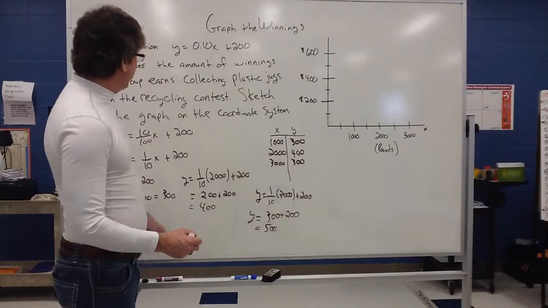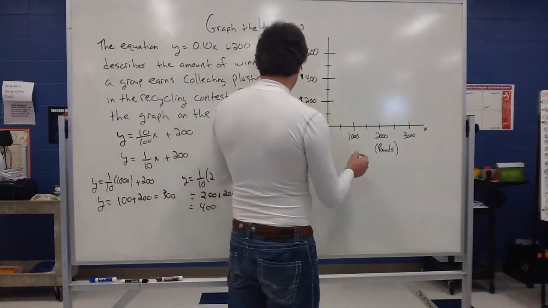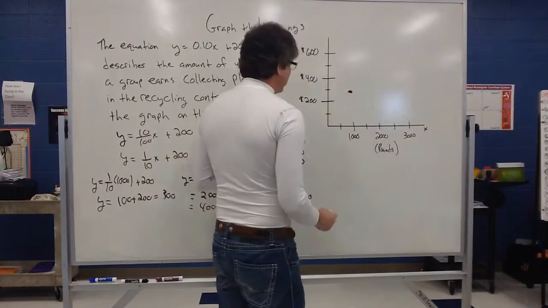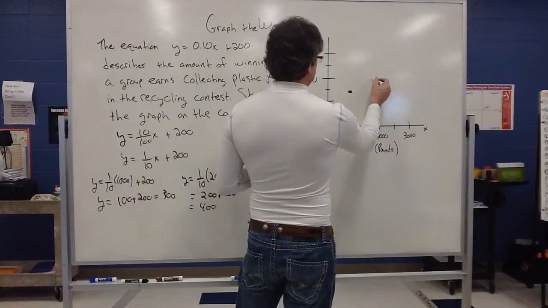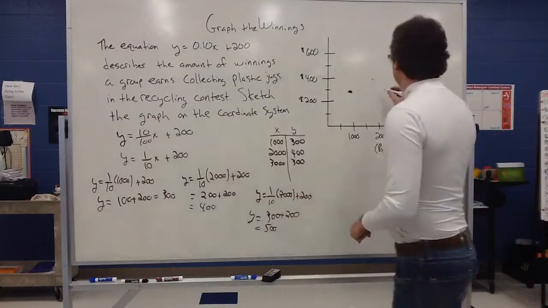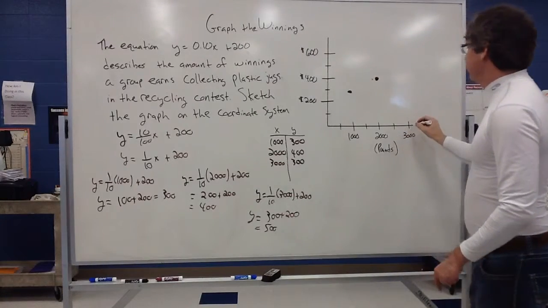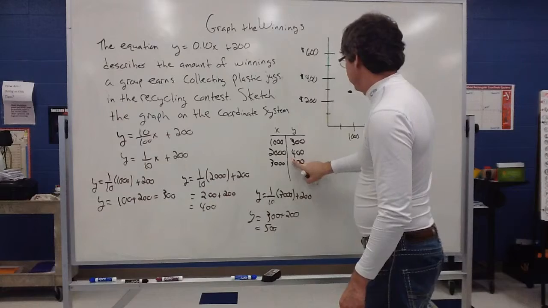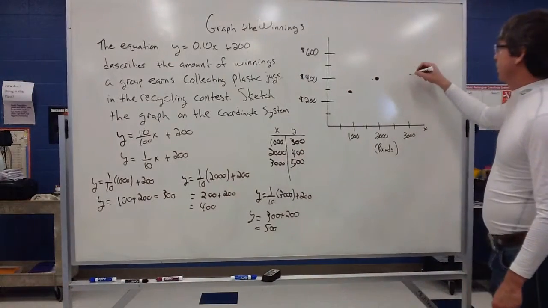They asked me to just graph this. So 1,000 gave me $300. 2,000 gave me $400. And then 3,000 gave me 500.